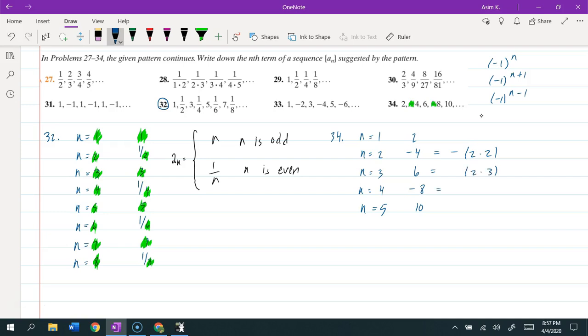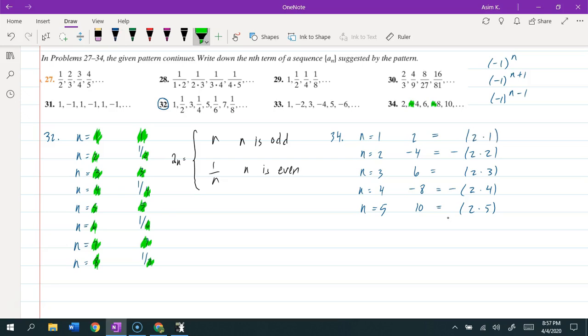I could say that negative 8 is the same thing as negative 2 times 4. I could say that 10 is 2 times 5. Now try to look at the pattern. What did I just do here? Try to go all the way back to the first term and see, isn't technically 2 the same thing as 2 times 1?